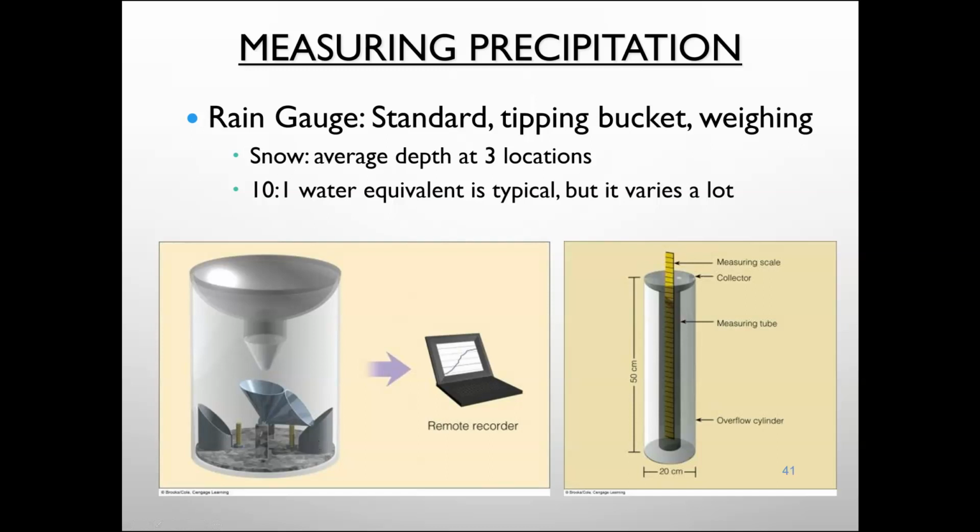And this is helpful because it not only lets us know how much has fallen, but the rate at which it falls. In other words, if this is rapidly tipping and hitting each side, we know that the rate of precipitation is very high. Or if it tips twice in an hour, we know that not only did we only get 2/100ths of an inch, but that we did not get a very rapid rate of precip. We can have other simple ones that actually just fill up in a tube.